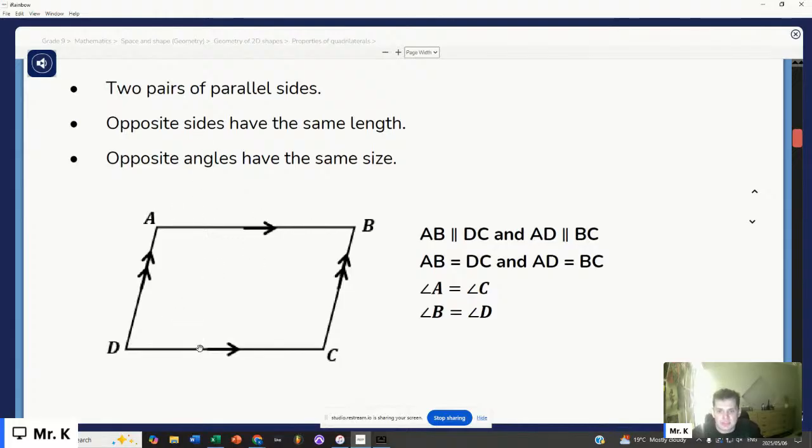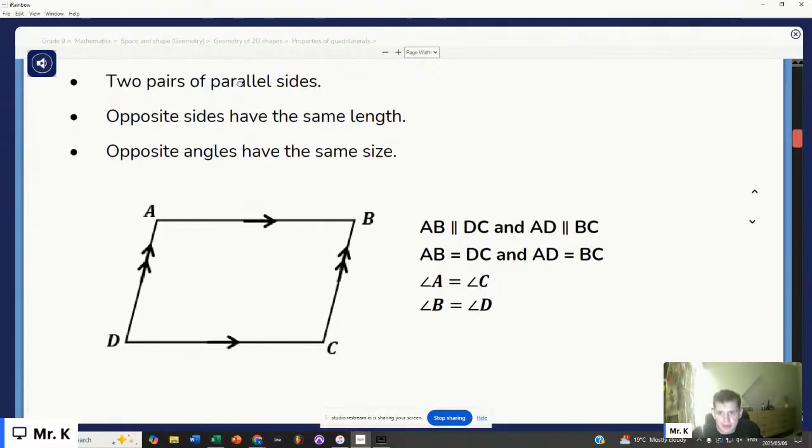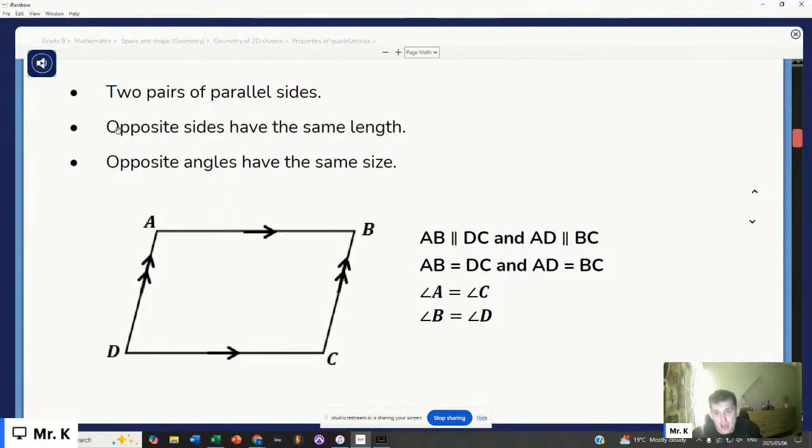It labels the shape very nicely, and you can see the markings that we used in today's lesson, right? It talks about 2 pairs of parallel sides, opposite sides being equal in length, and opposite angles being equal. That's quite unique to rhombi and parallelograms.